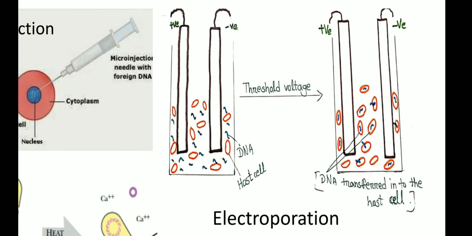And finally the recombinant DNA is transferred into the host cell. So using electric voltage, a pore forms in the host cell, the recombinant DNA is immediately transferred into the host cell, then sealed, and transformation occurs.